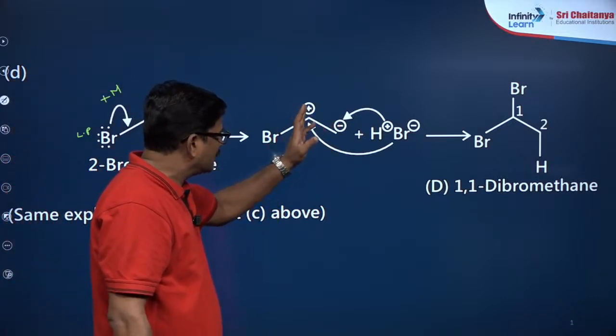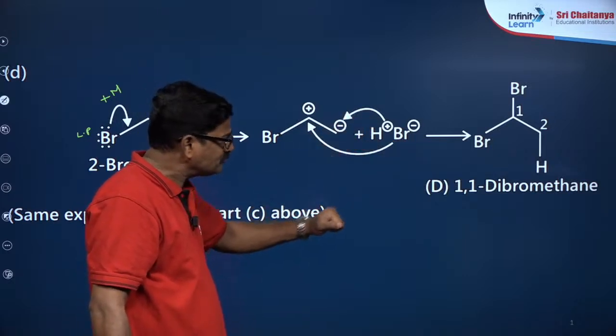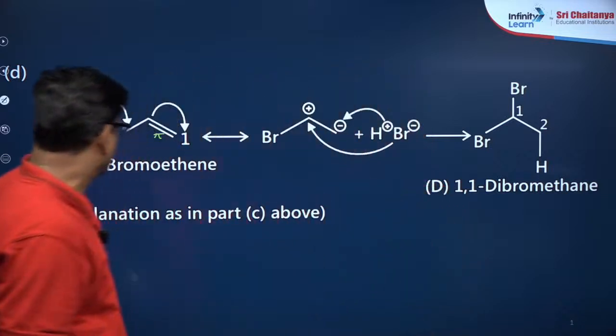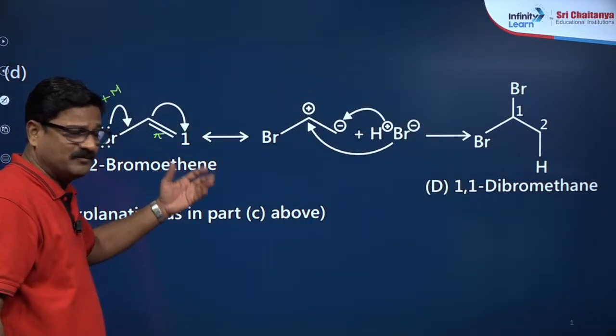So that the positive takes Br minus, the negative takes H plus. So that what you get is 1,2-dibromoethane. So the same explanation that was given in the previous one, right?